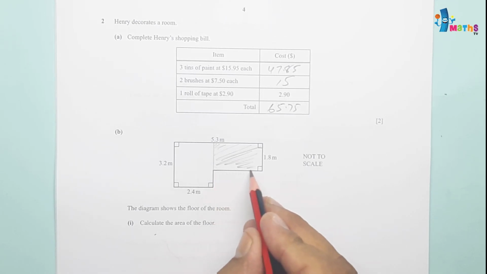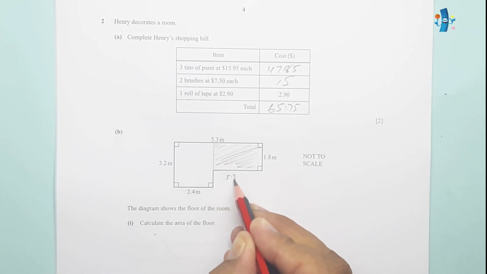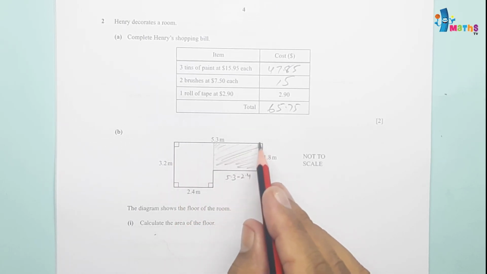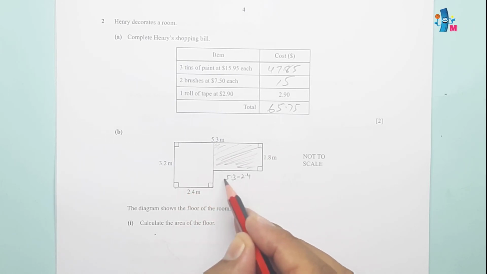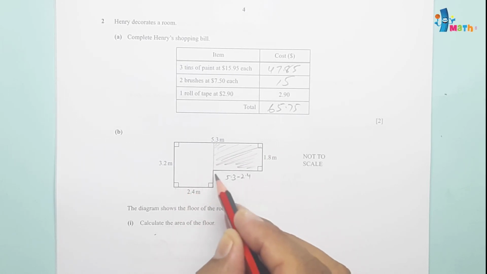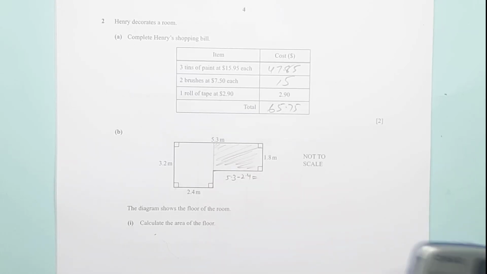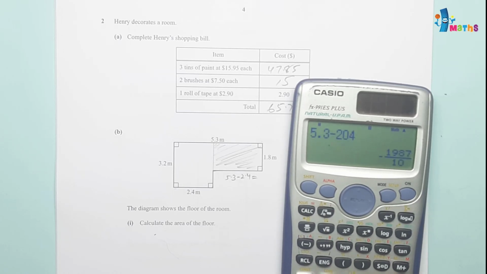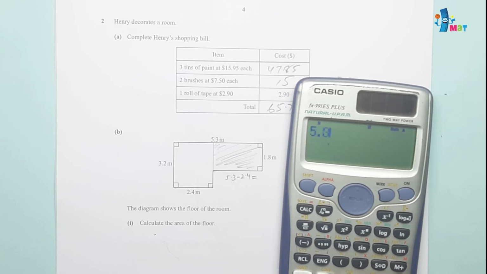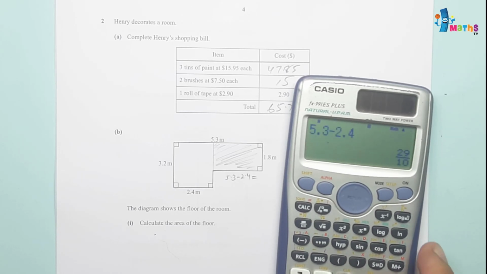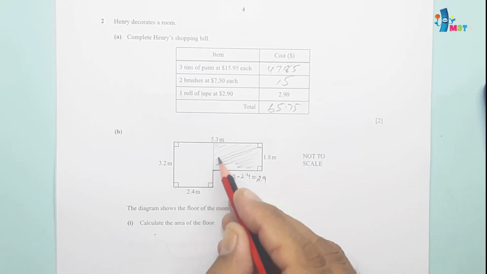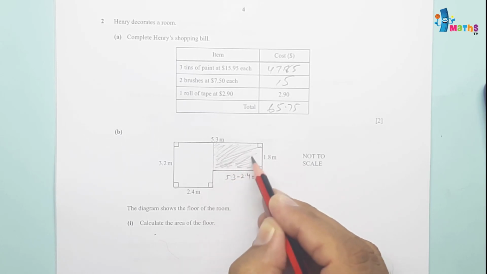First we'll have to calculate this: 5.3 minus 2.4, because total is 5.3 and this 2.4 is different, so we can subtract. 5.3 minus 2.4 is equal to 2.9. So this length is 2.9 of the shaded rectangle.